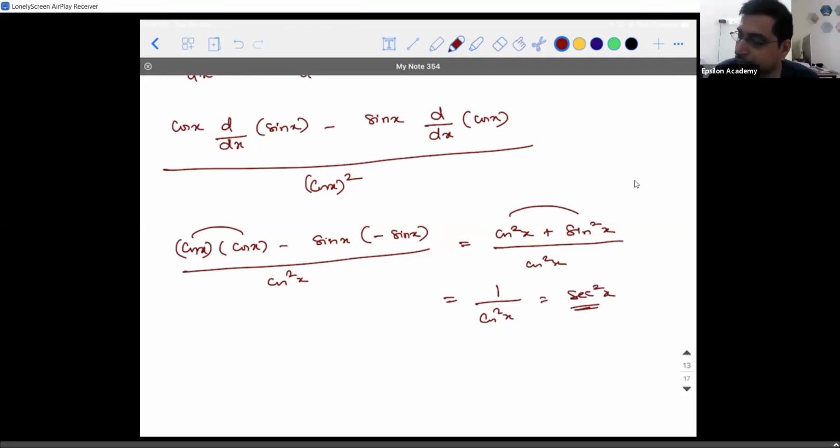It is secant square x, right? So these are all the important properties related to differentiation.